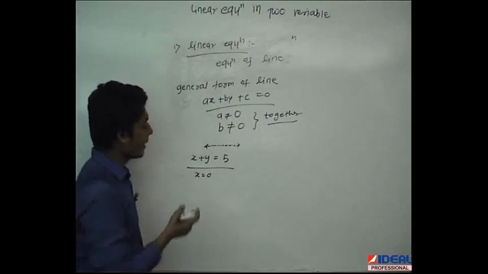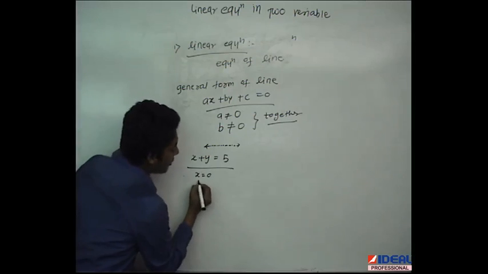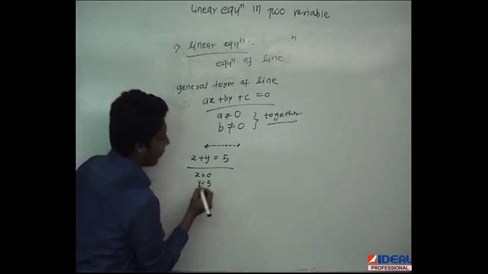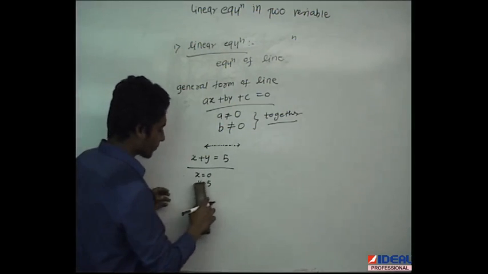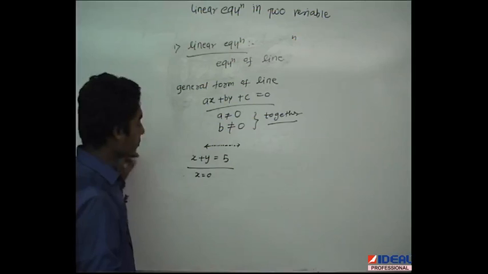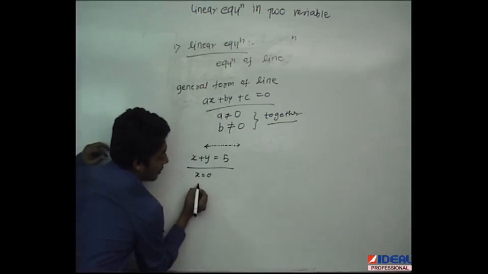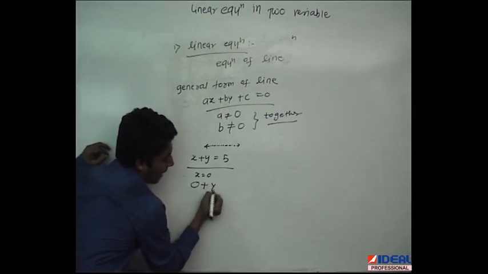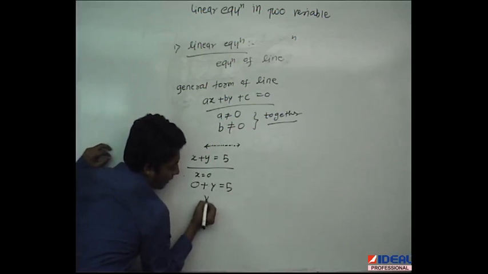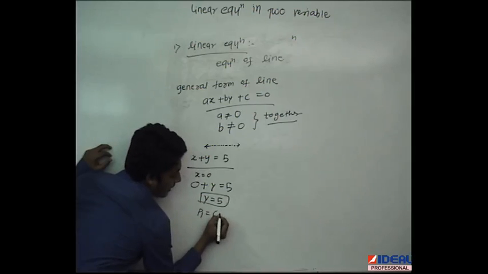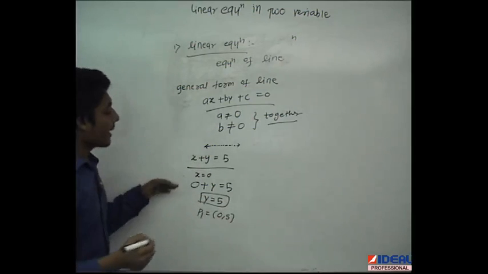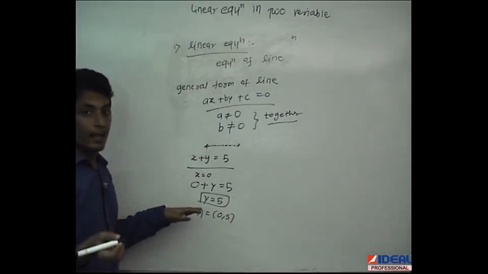I can substitute x is equal to 0 in this equation. 0 plus y is equal to 5. So y is equal to 5. So my point P1 is 0, 5.